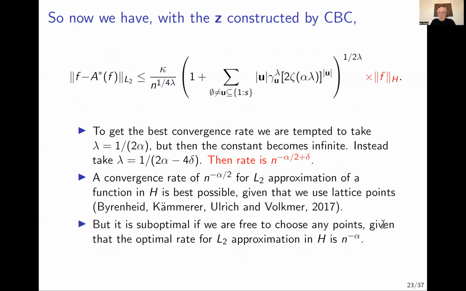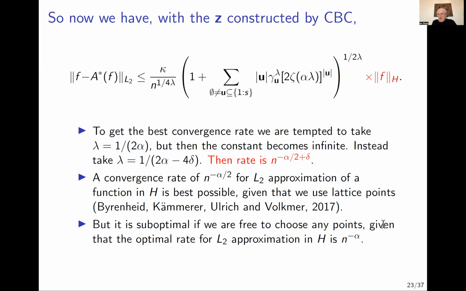Okay, so if we just look at that result that we have, I didn't concentrate on the fact that lambda is not fixed. Unfortunately, this is a little bit complicated. This upper bound on the worst case error, the part in black, is for all lambda bigger than 1 on 2 alpha, and you would like to take lambda equal to 1 on 2 alpha.